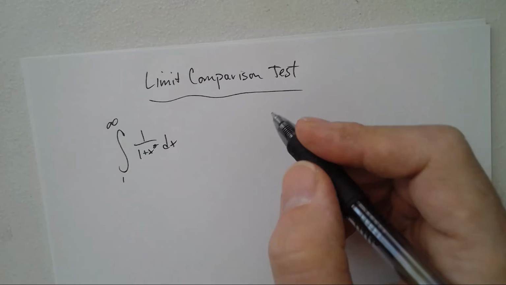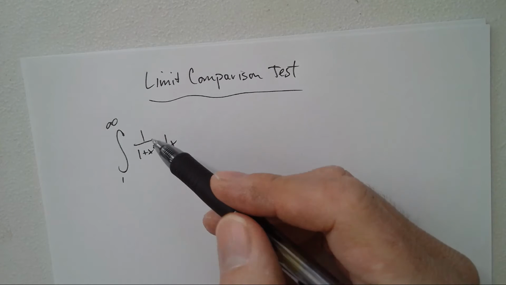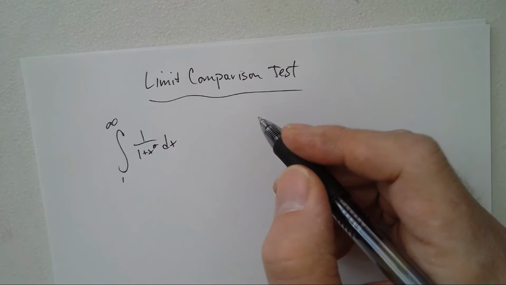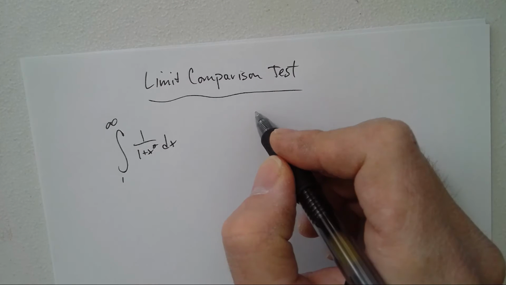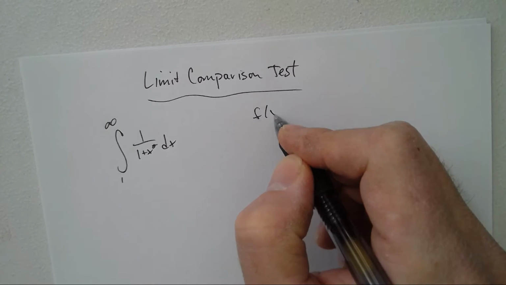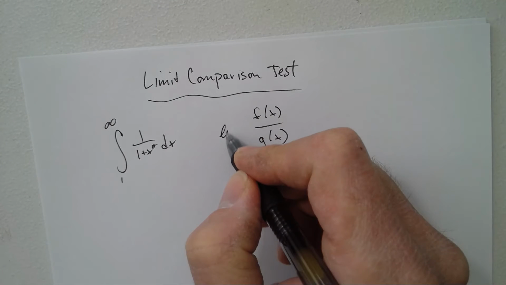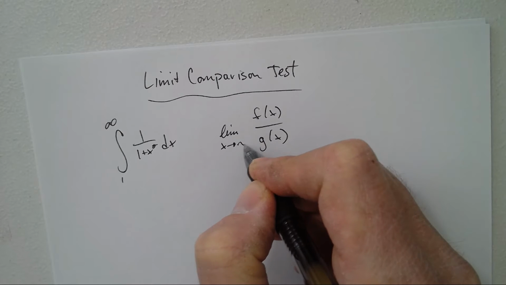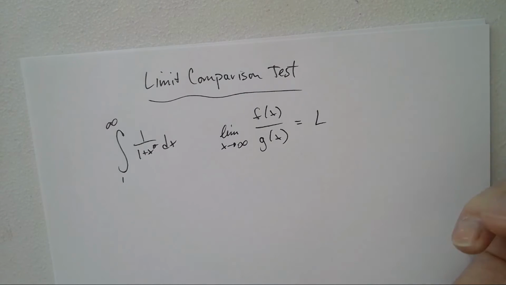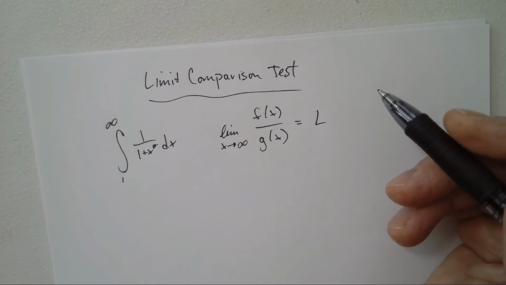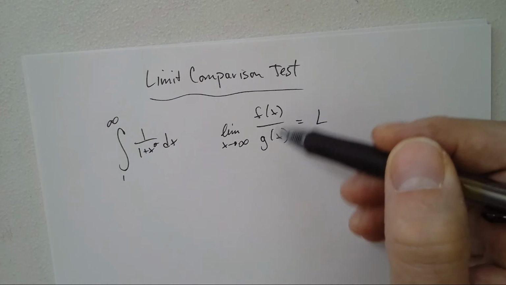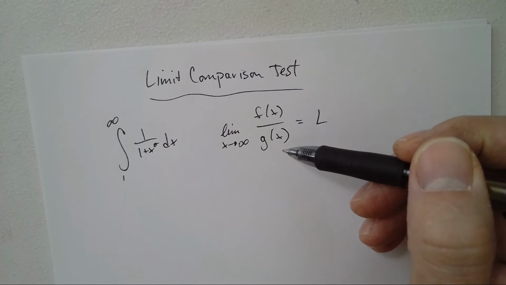If you compare that to something really close to it, and let's say the original is f of x, and we pick a g of x to compare it to, and if we find the limit as x goes to infinity, if that gives you some number L or some finite number, that means that they grow at the same rate.